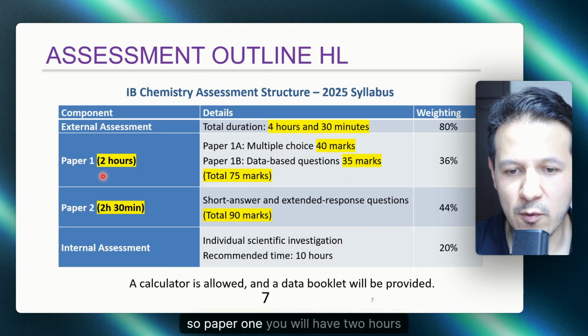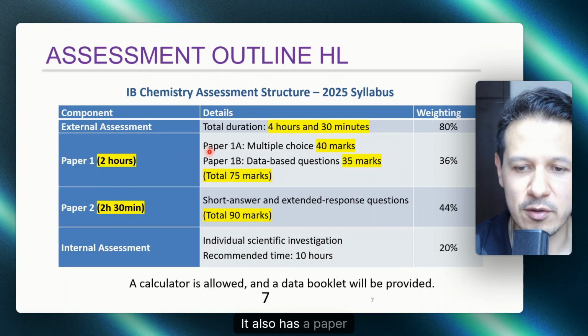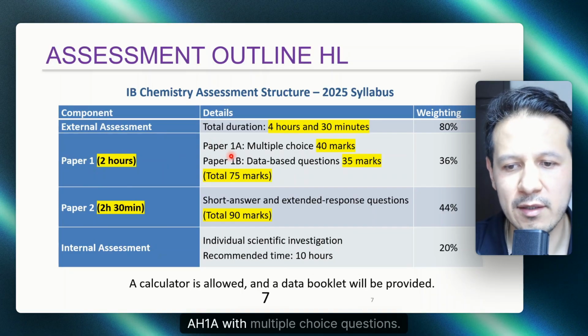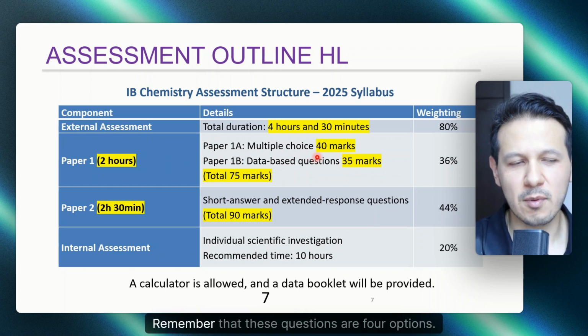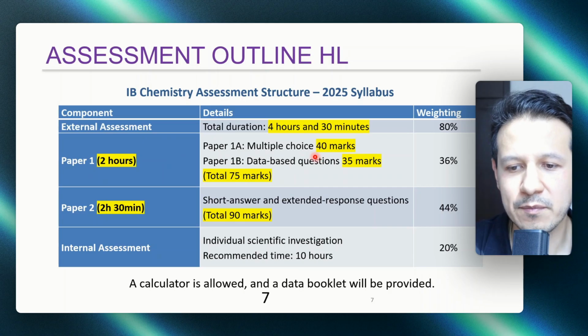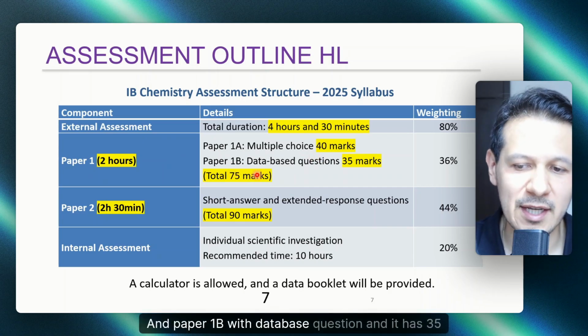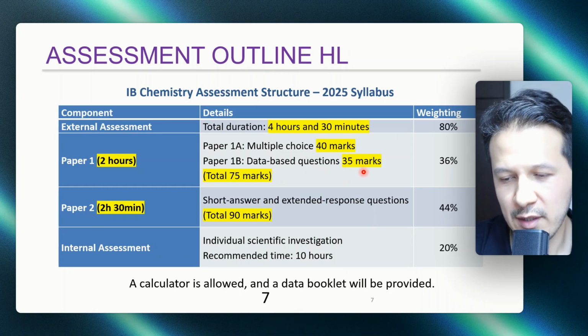Okay, so paper one, you will have 2 hours to present this test. It also has a paper 1A with multiple choice questions, but in this case we have 40. Remember that these questions have 4 options, A, B, C, and D. And paper 1B with data-based questions, and it has 35 marks.